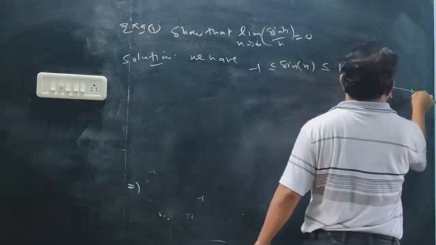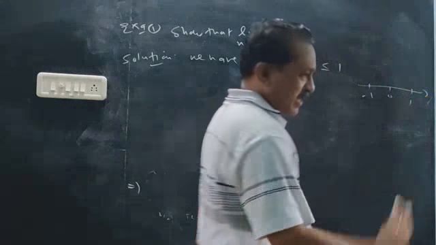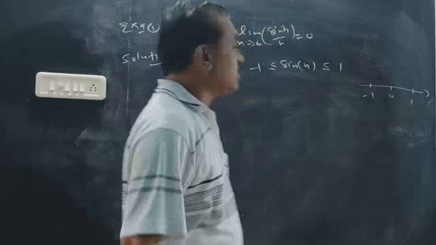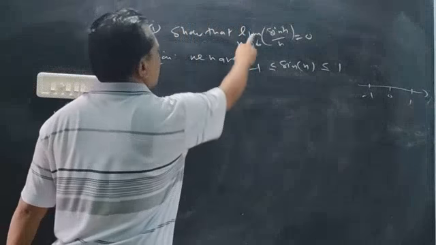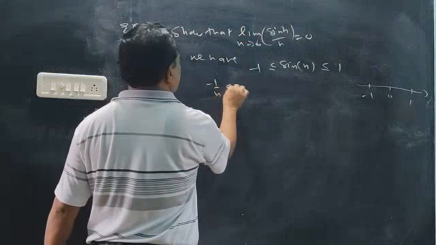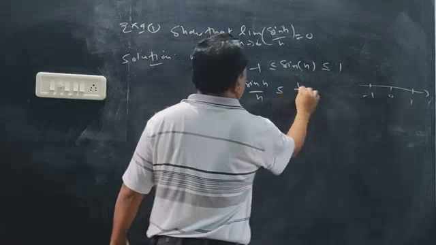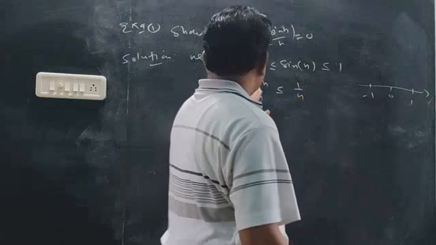If you take any angle, sin 30, sin 60, any angle, the sine values lie between -1 and 1. So I want sin n divided by n, so this lies between this and this.